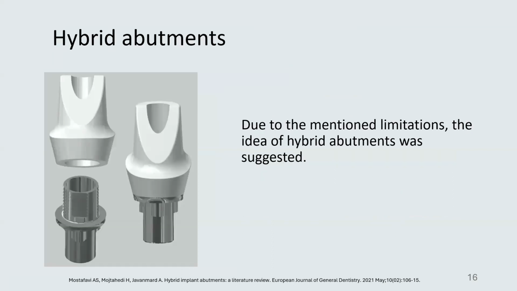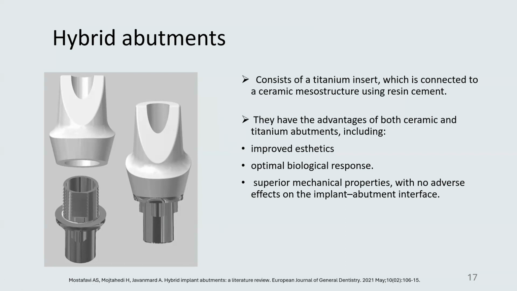Okay. Now, the hybrid abutments: we have the titanium insert, and then we have the ceramic mesostructure over it. It could be zirconia or lithium disilicate. So it consists of a titanium insert with a connected ceramic mesostructure.